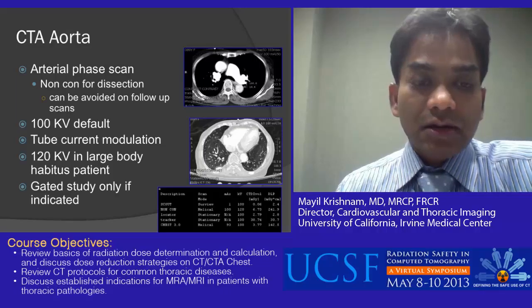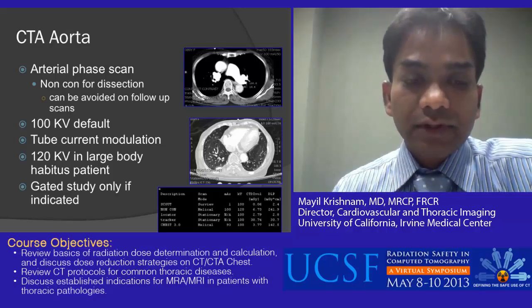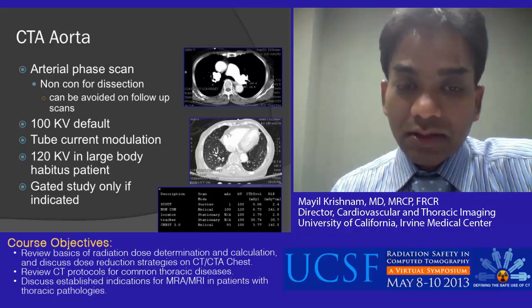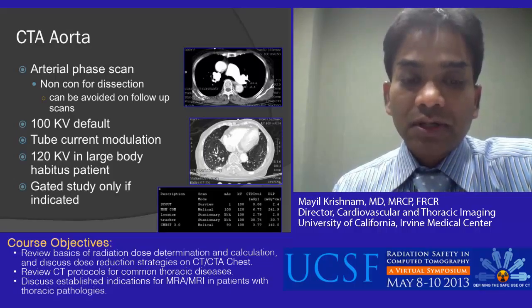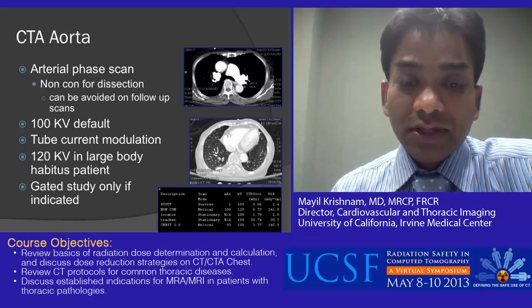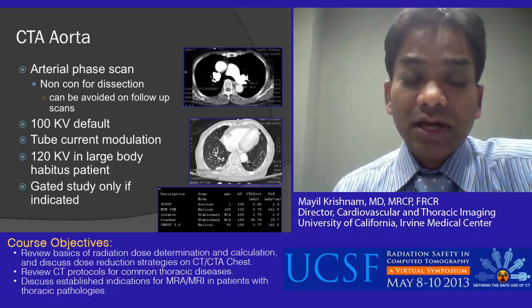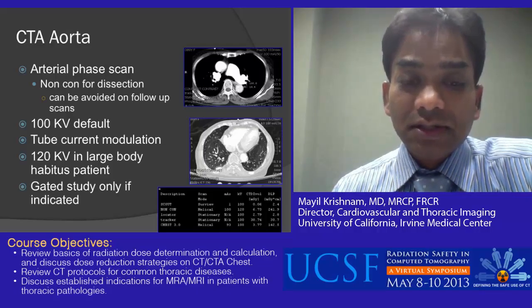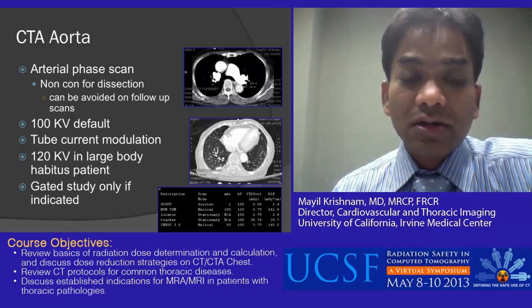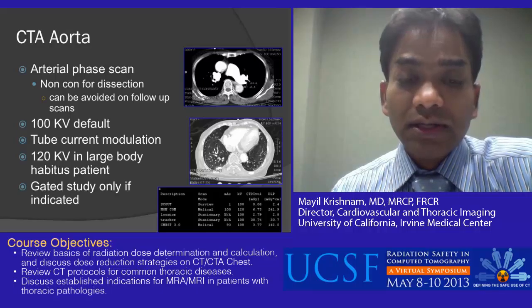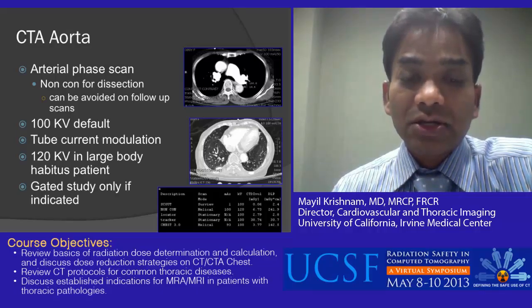For CTA of the thoracic aorta, we usually perform an arterial phase scan to rule out aneurysm and dissection, but if the dissection is acute onset, we perform non-con scans as well in addition to the arterial phase scan so that we can evaluate for intramural hematoma.